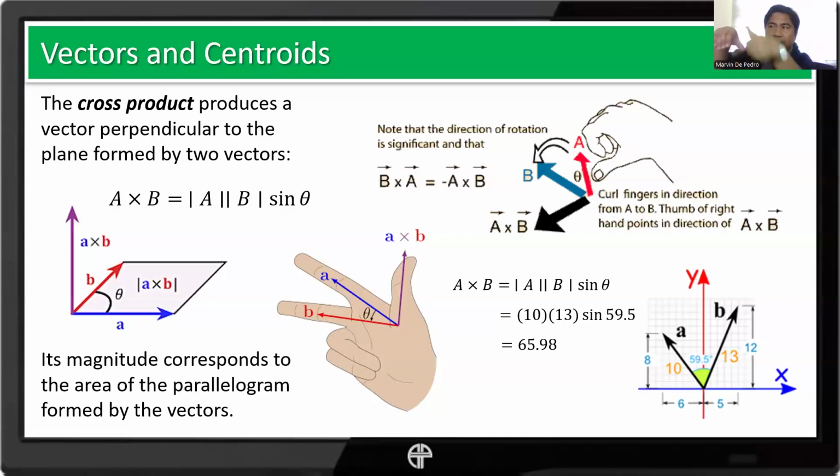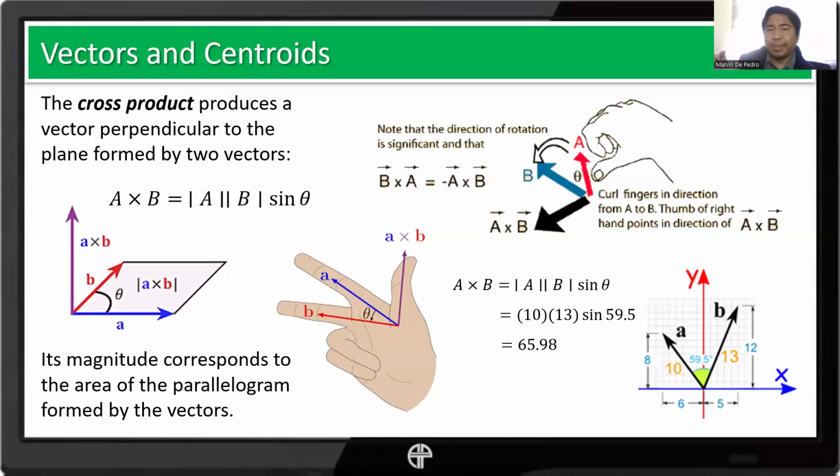The rotation of your hand, if you do it this way, is from A to B. But if you reverse that, take note, it will not be equal unless you put a negative sign.